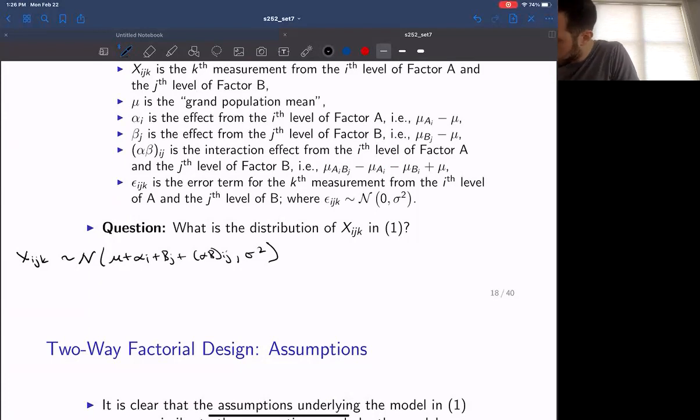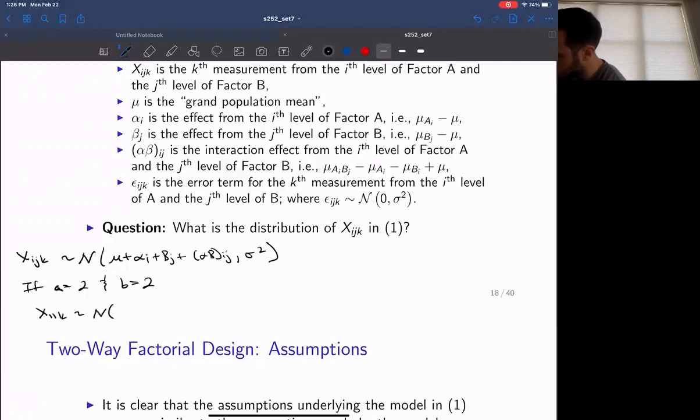So for example, if little a equals 2 and little b equals 2, we would have x 1k distributed normal with mean mu plus alpha 1 plus beta 1 plus alpha beta 1, and variance sigma squared.